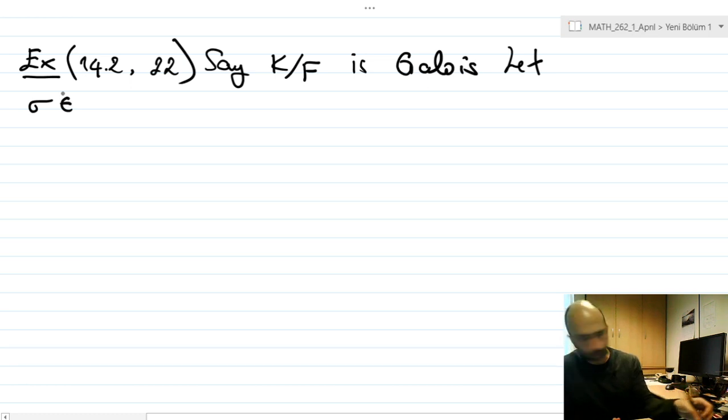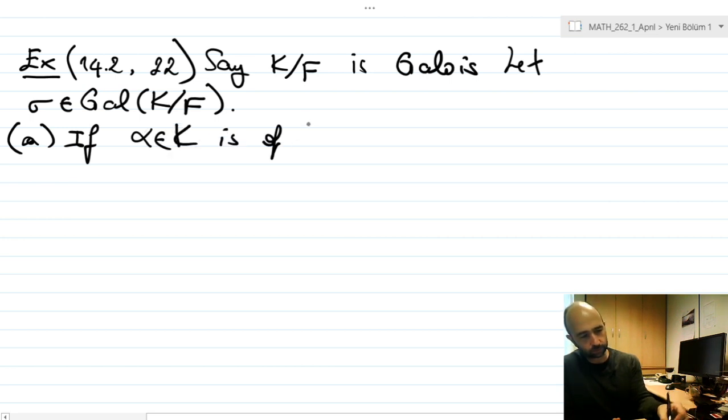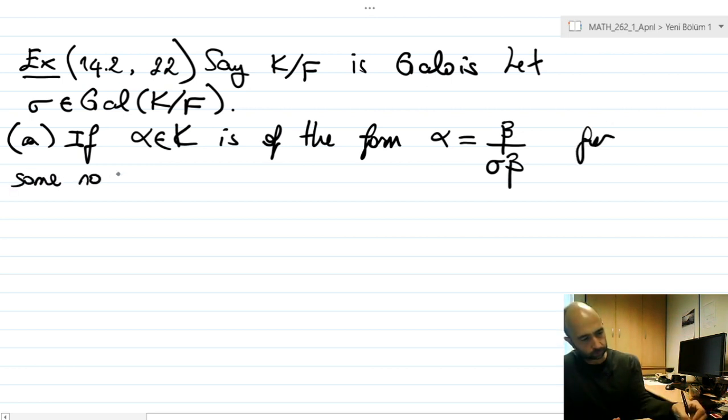Let sigma be an element of the Galois group of K over F. Okay, and part A is if an element of K is of the form beta over sigma beta for some non-zero beta in K, then it must have norm 1.